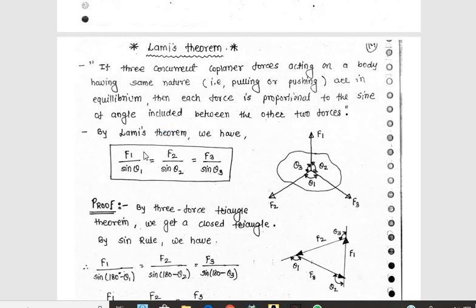By Lami's theorem, it is written as F1 divided by sine theta 1. This is F1, its opposite angle is theta 1, equal to F2 divided by sine theta 2. This is F2, its opposite angle is theta 2. And F3, its opposite angle is theta 3, so sine theta 3. This is Lami's theorem.